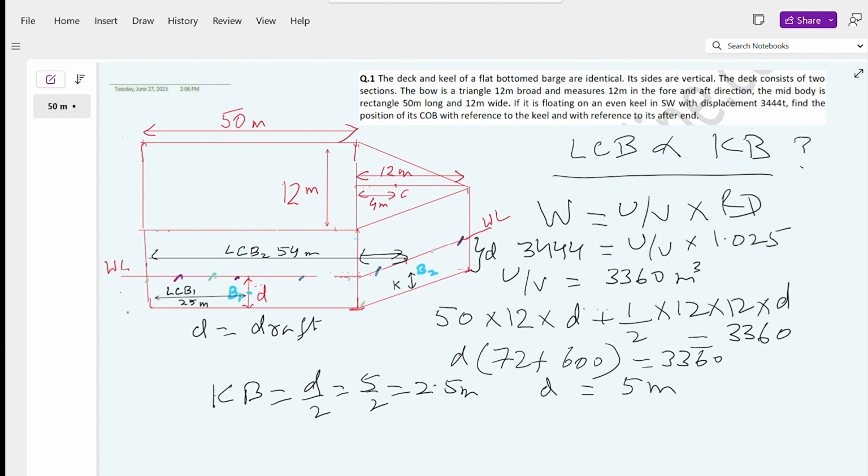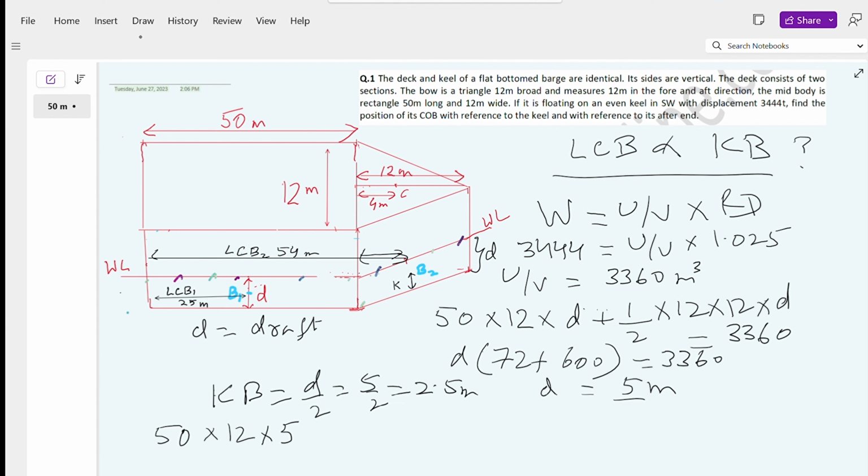So we now take moments from the aft part. Moment of the volume which is under the rectangle. Underwater volume of the rectangle is 50 into 12 into 5. 5 is D. Before we wrote the formula 50 into 12 into D. Now we know D. D is 5.